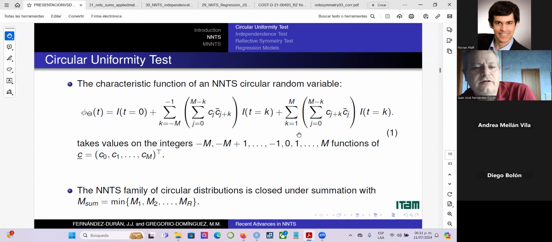And what is interesting is that taking the sum of two independent NNTS random variables, you are going to get another NNTS random variable with the parameter m equal to the minimum of the parameter m's of the components of the sum of independent random variables. That is, the family is closed under summation.